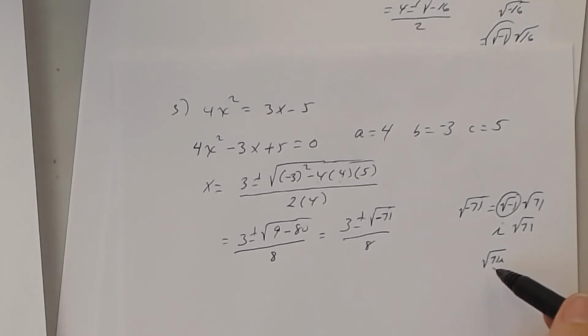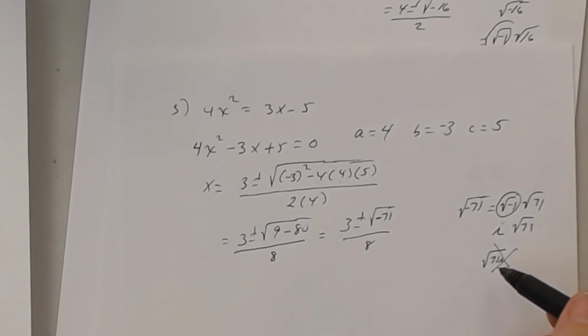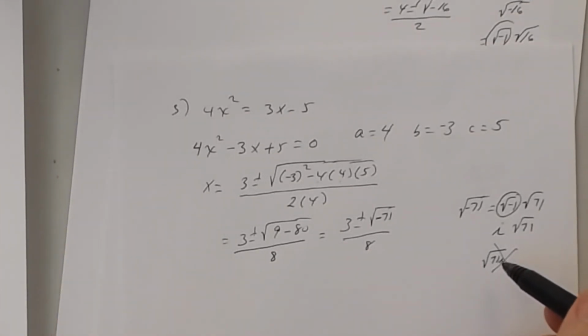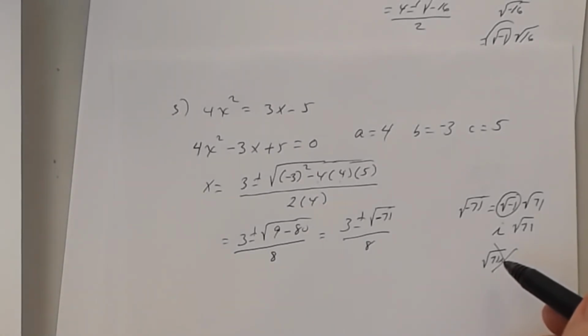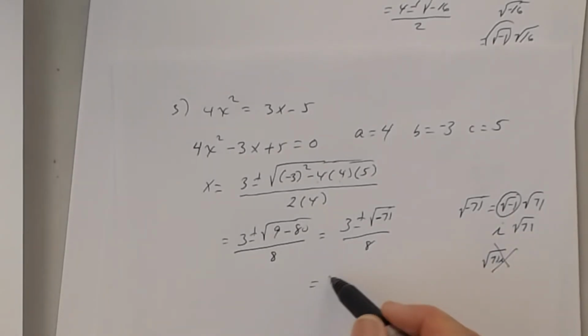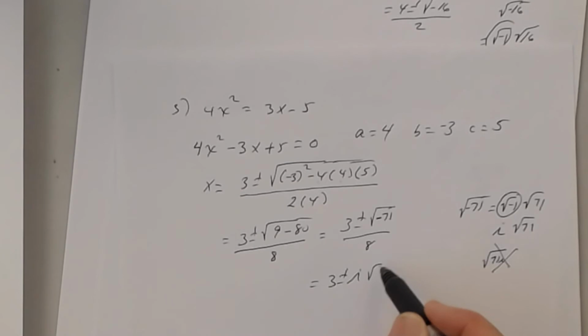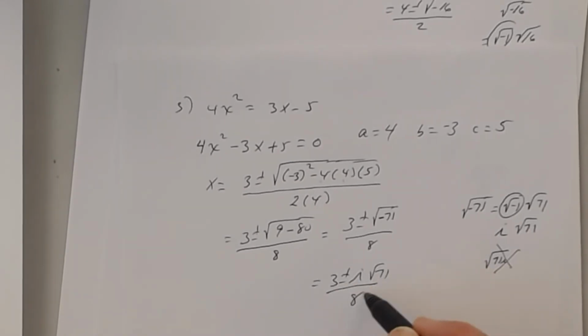Is it supposed to be under the square root? No. So don't do that. To be on the safe side, don't put i behind the square root. Put it in front. So leave it like i square root of 71, like I have it here. So then I get 3 plus or minus i square root of 71, all divided by 8.